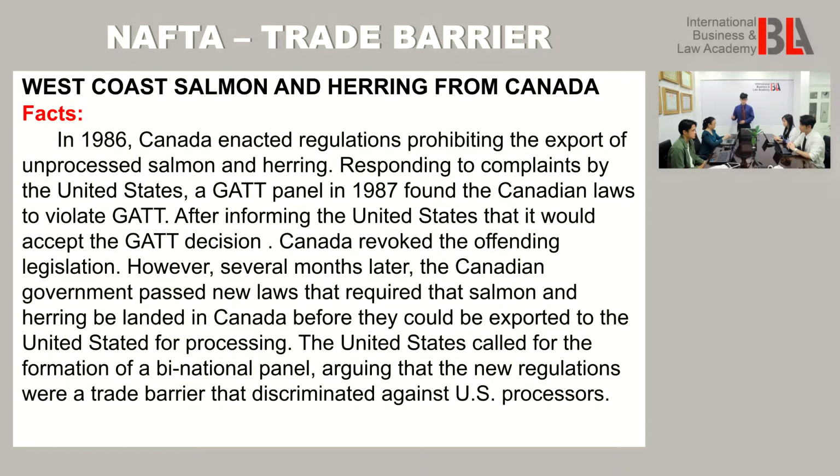However, several months later, the Canadian government passed new laws that required that salmon and herring be landed in Canada before they could be exported to the United States for processing. The United States called for the formation of a binational panel, arguing that the new regulations were a trade barrier that discriminated against US processors.